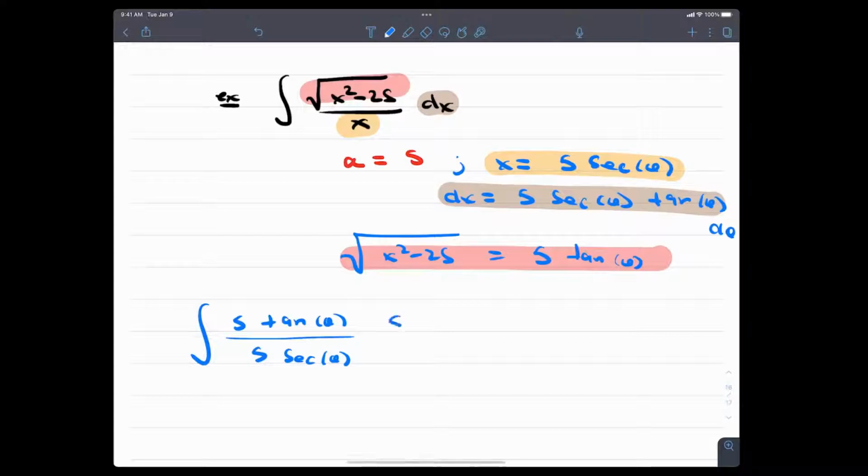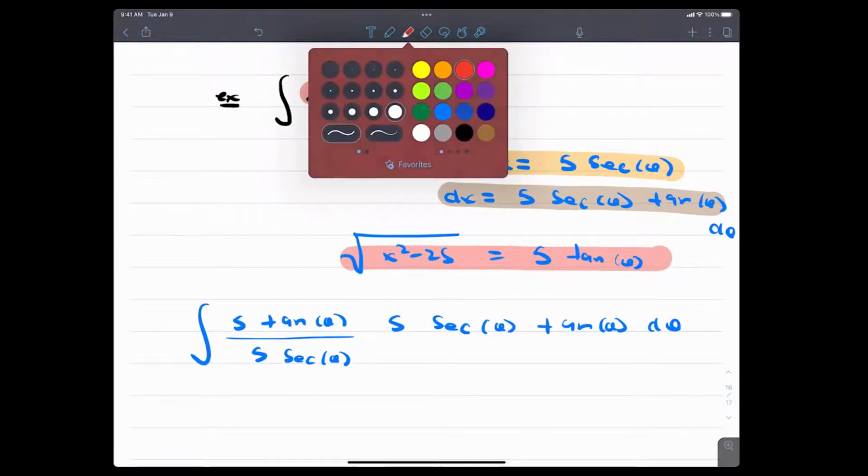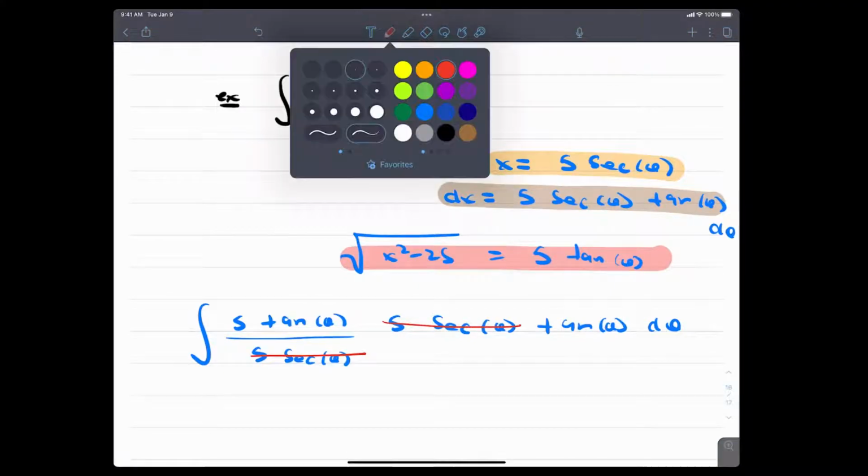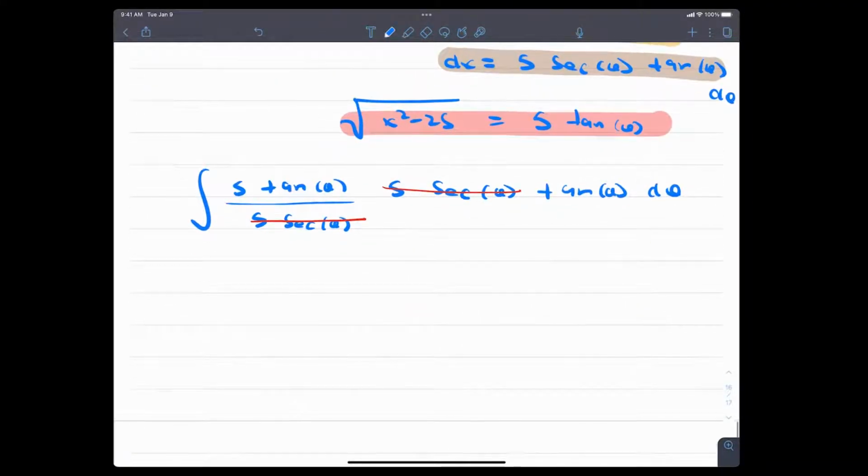And then there'll be 5 secant theta, tangent theta, d theta, right? Double check. 5 secant theta is gone. So it looks like this is going to be the integral. Pull out the 5. Tangent squared theta d theta.